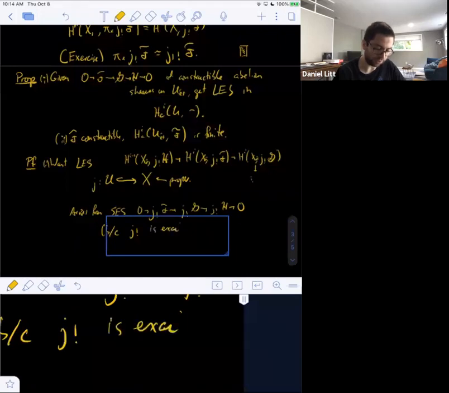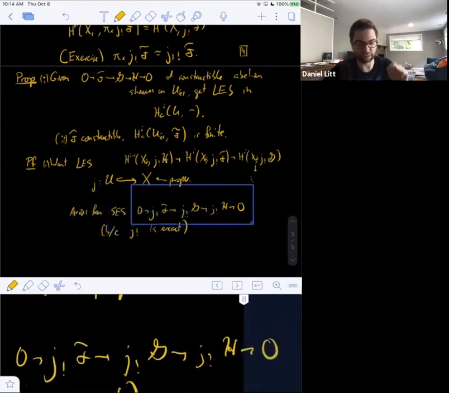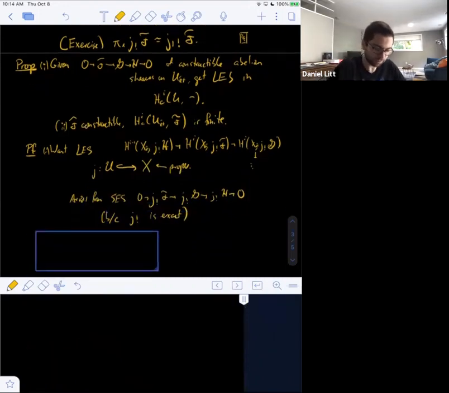And that's something we proved last time by explicitly computing the stalks of j_!. Namely, they were the stalks of F, G, and H at a point in U and 0 otherwise, and then checking exactness on stalks. All right. So that proves 1.